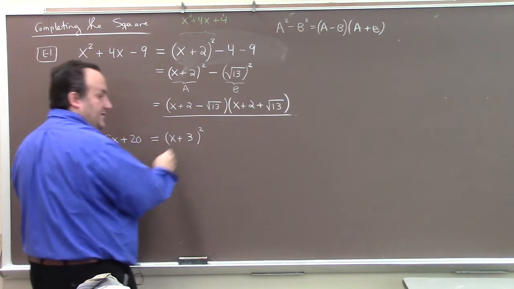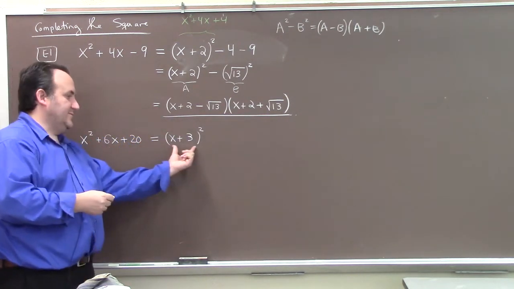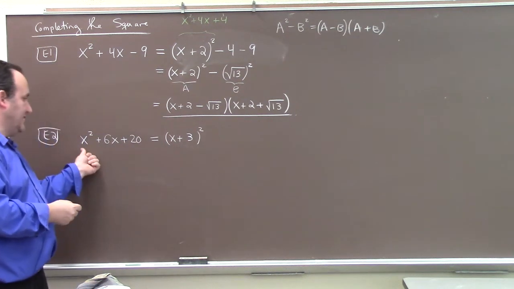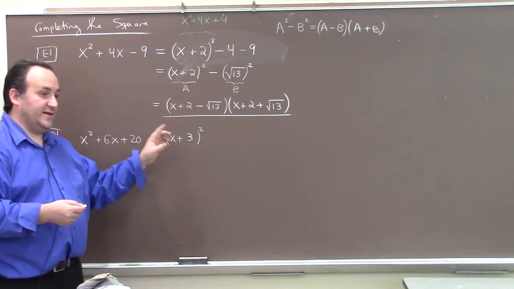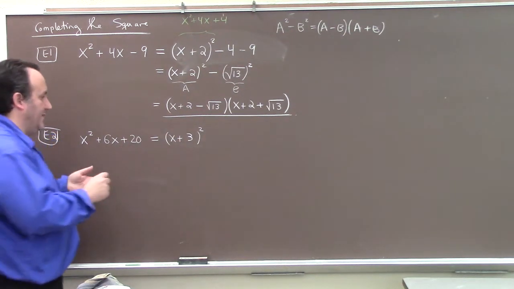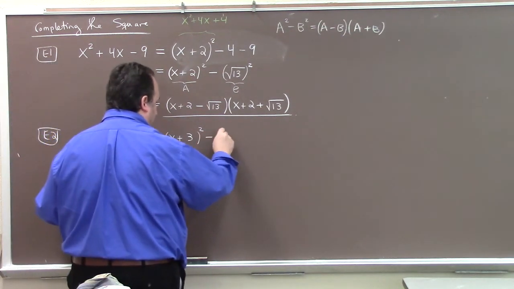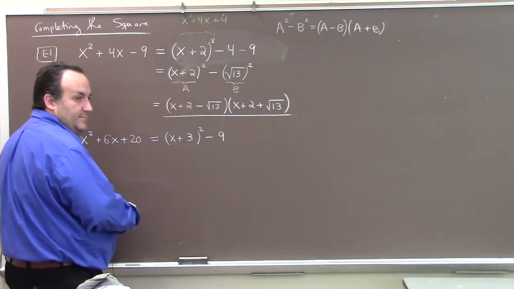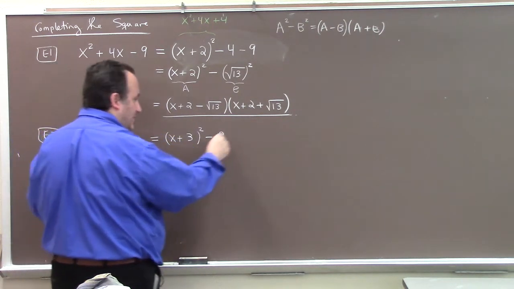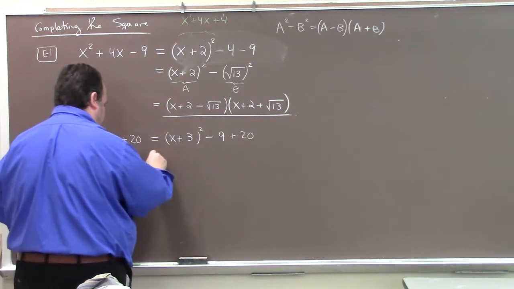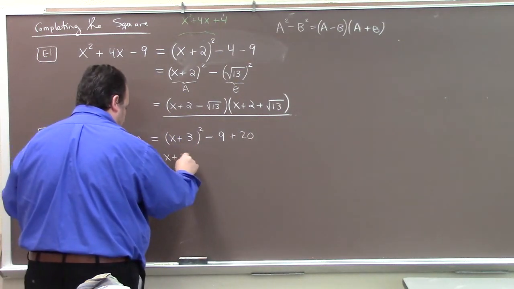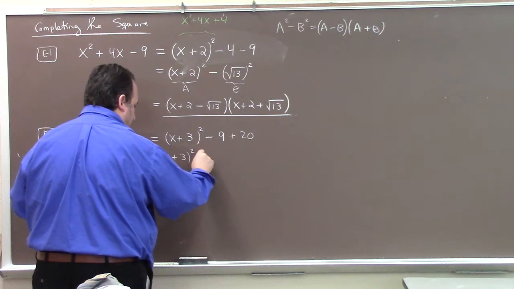If I put a 3 there, then when I take x plus 3 squared, I get back x squared plus 6x, and then I get an extra 9, right? So to be fair, I have to subtract 9. And I still got the plus 20, right? And then, okay, so clean it up. This is x plus 3 squared plus 11.